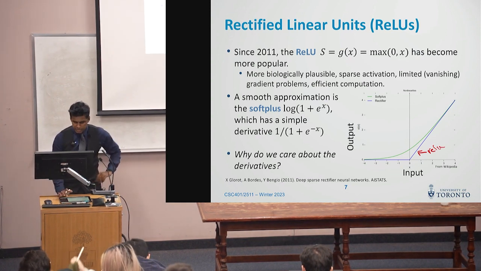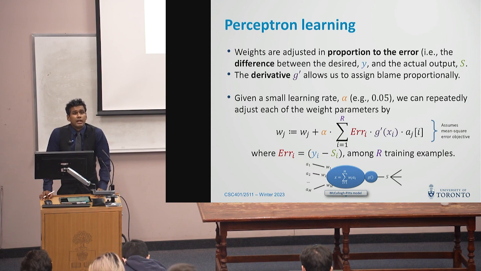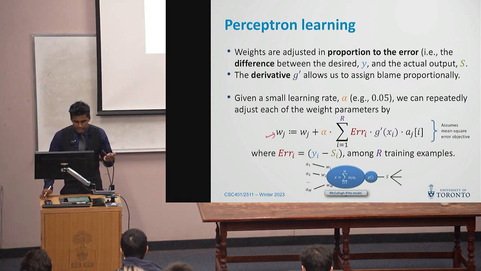So why do we care about derivatives? We care about the derivatives because learning in a perceptron happens using gradient descent, which is an iterative gradient ascent or descent algorithm, which iteratively updates the weights of a perceptron. The way it happens is that you calculate the error.